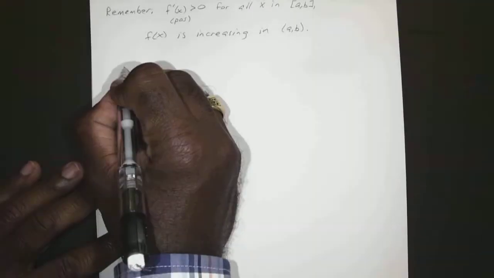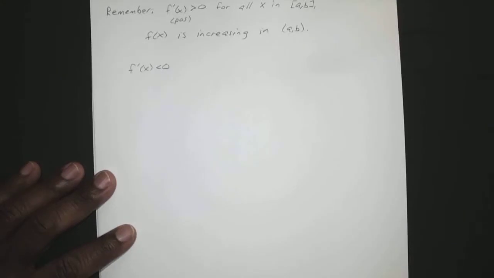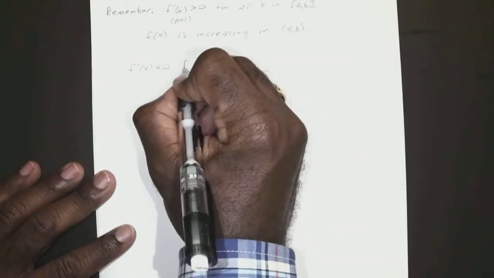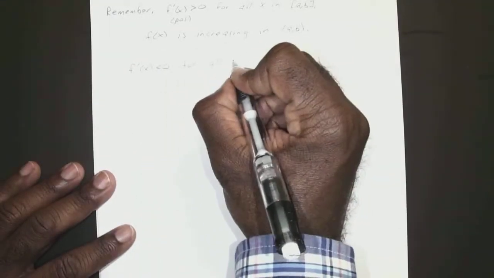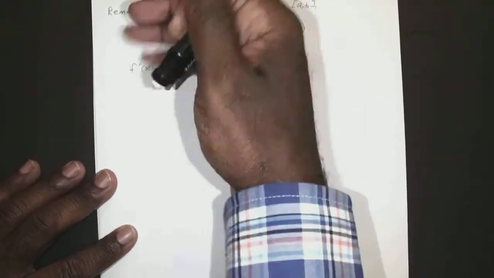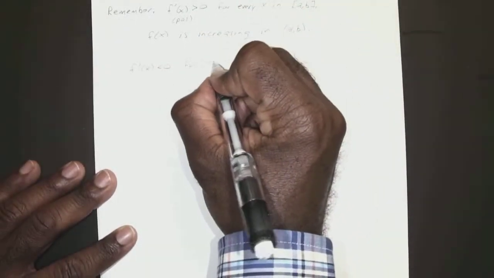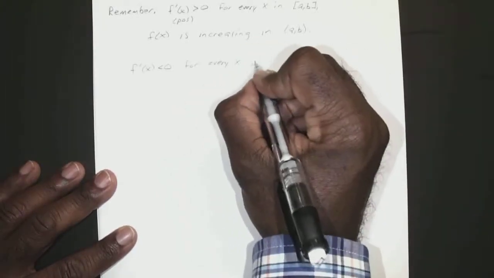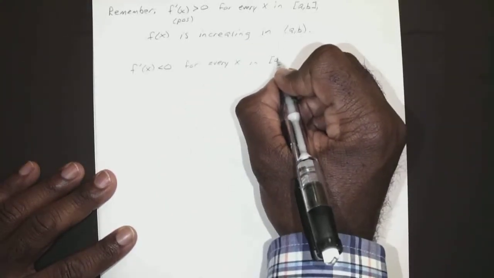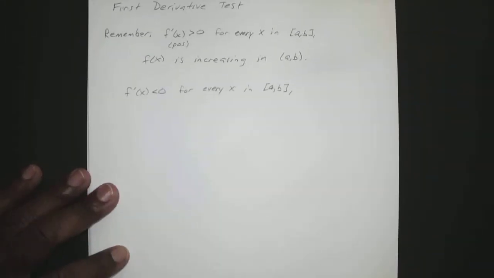The opposite is true. If f prime of x is less than 0 for every value of x, why don't I put all and not every? Every just sounds better. For every x in that interval, then we know that the function is decreasing.